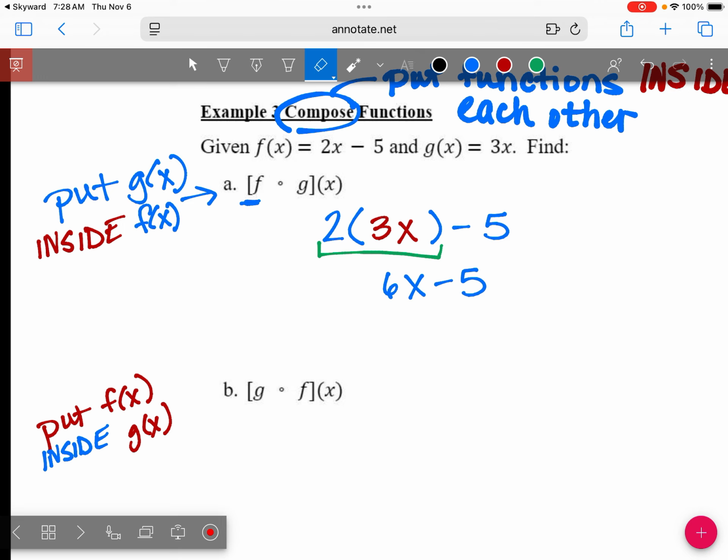G says 3x. So we're going to write 3 and put a parentheses. And then what do you think is going to go inside the parentheses? 2x minus 5. All right, go ahead and distribute.